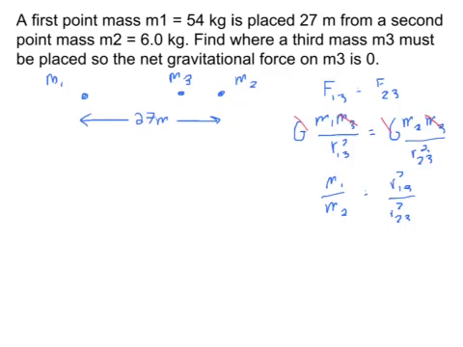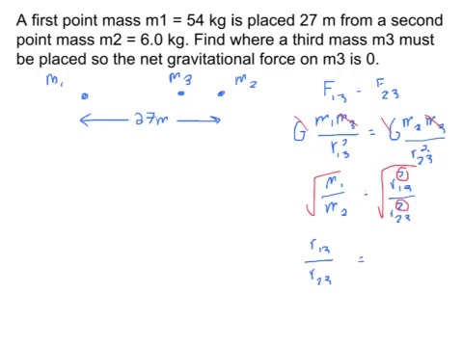Now, what that means is that if we square root both sides, then the squares will go away. The right side will look like r13 over r23, because I've taken the square root of the whole right side and those squares went away.